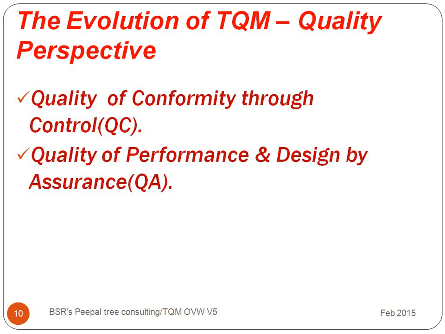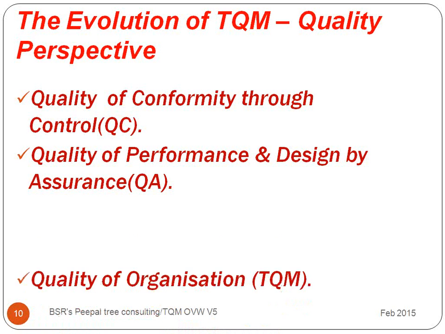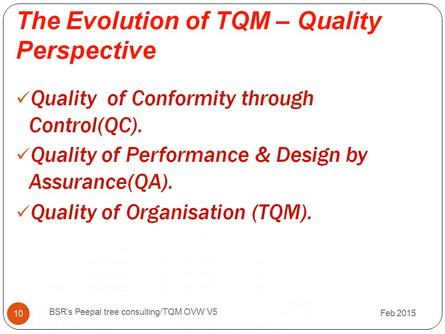The entire organization needs to be addressed, and therefore quality of organization became the mindset. Over a period of time this has come to be called total quality management. TQM means organizational quality in totality, and hence, for the core portion of TQM, which is the Q, this is how the evolution has taken place from QC to QA to TQM.